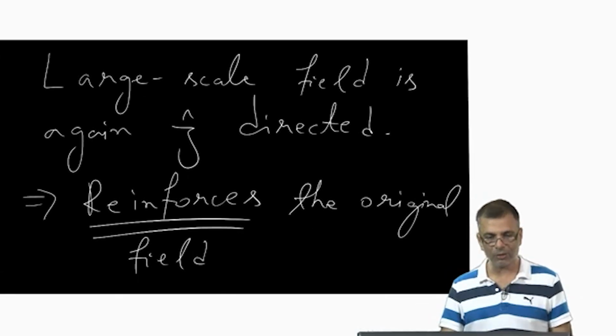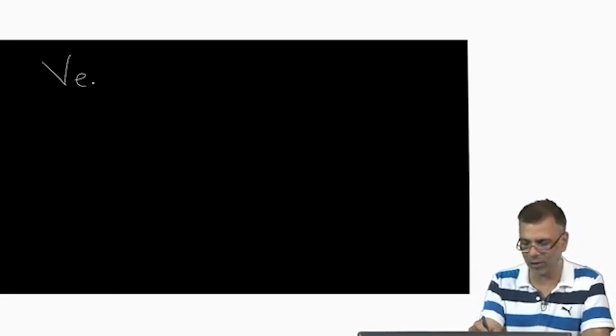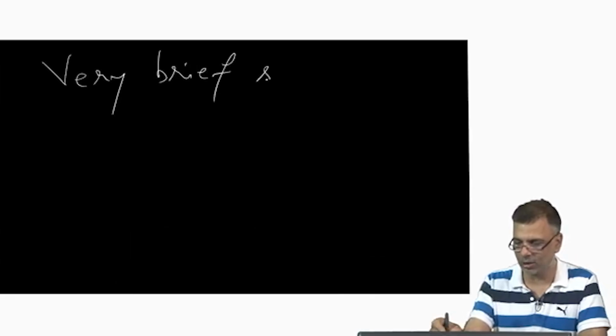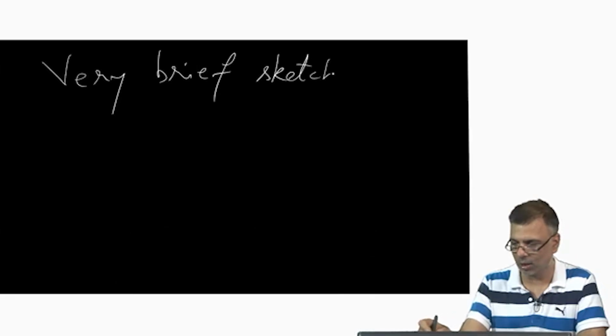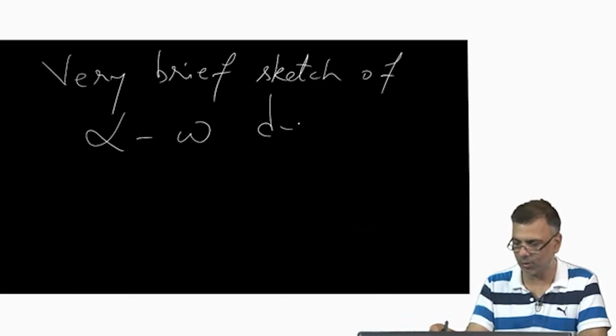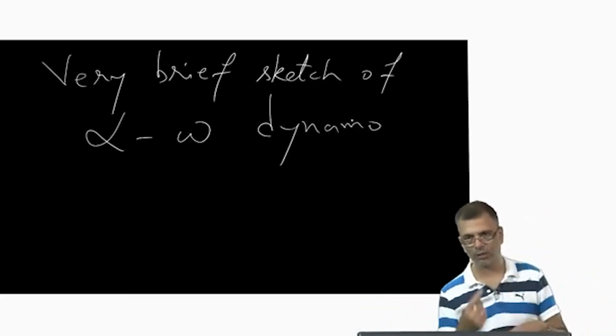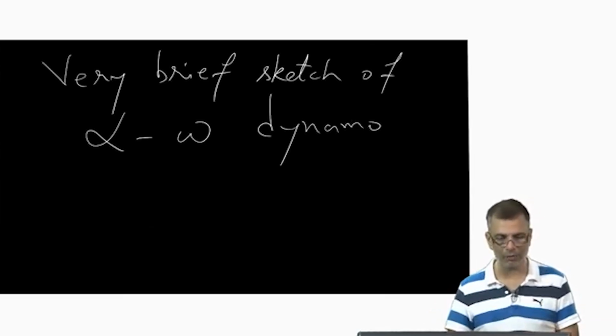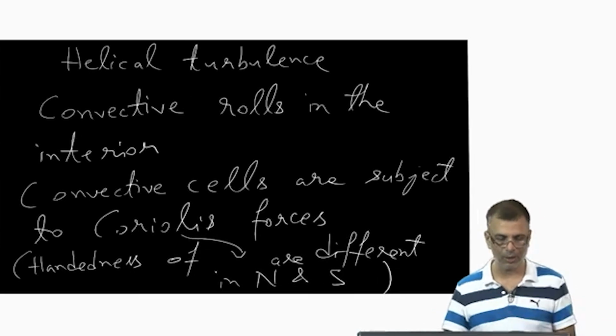All right. So, this is a very brief sketch, not so much of the solar dynamo, but of what is called the alpha omega dynamo. The omega refers to the differential rotation, and the alpha refers to this kind of helical turbulence, so to speak.